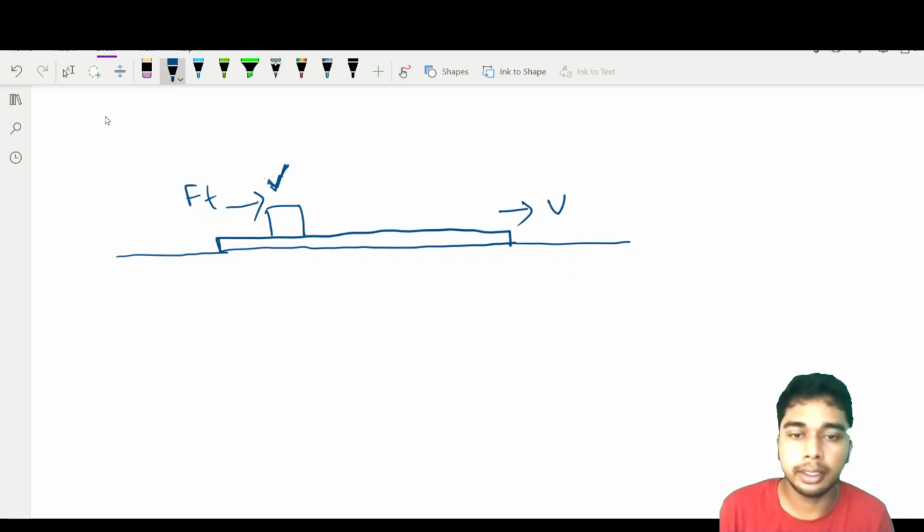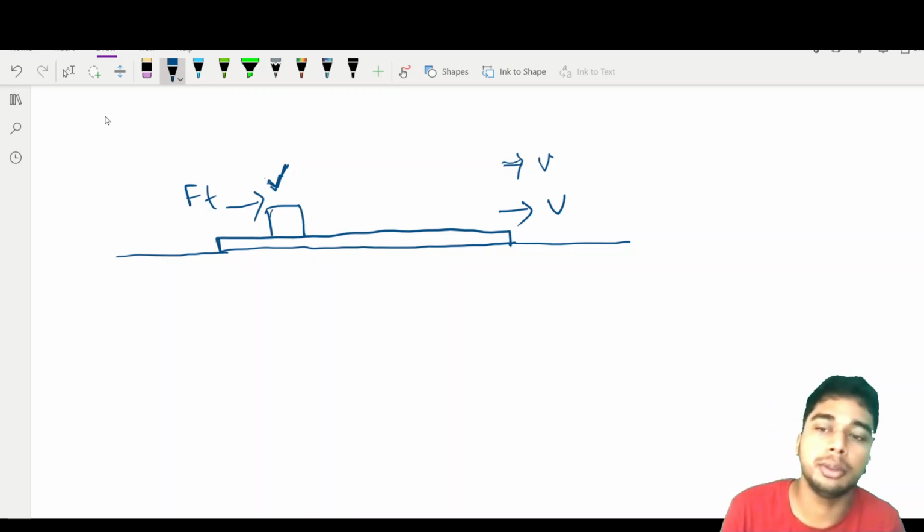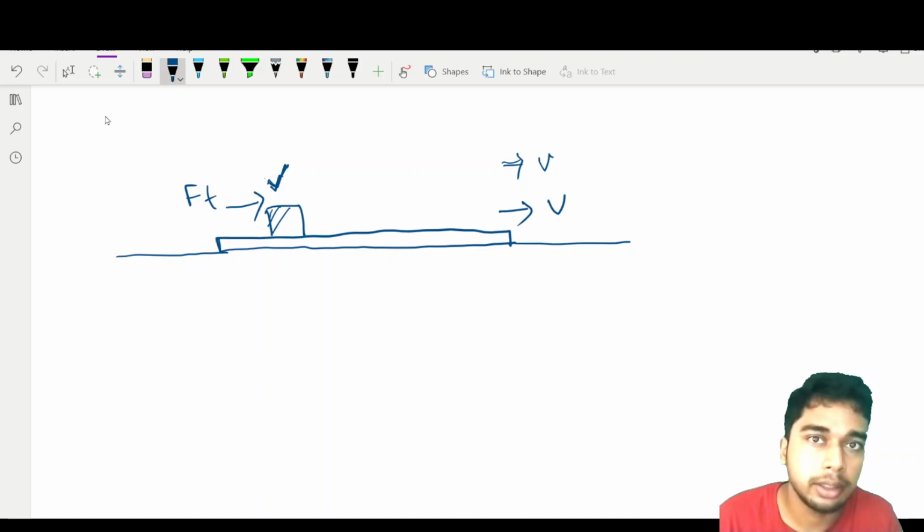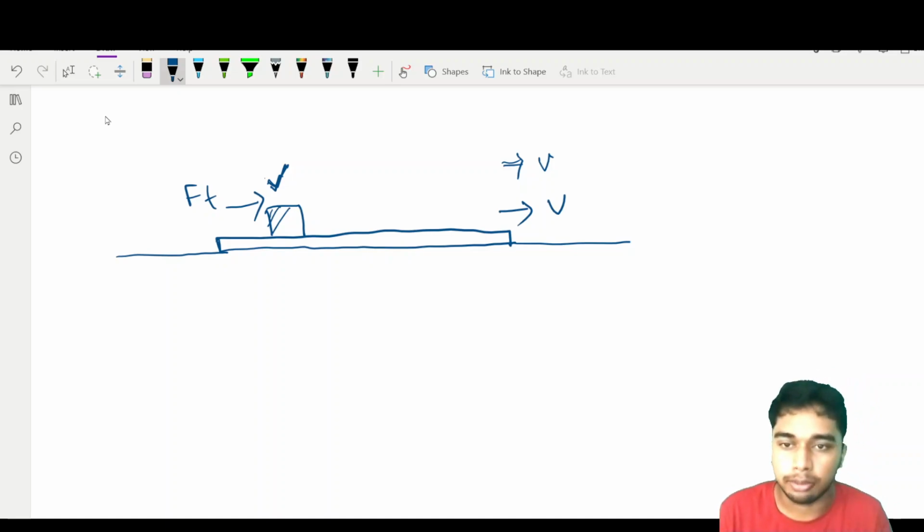So, we have considered that the plank is moving to the right with velocity v, and initially, from the physical point of view, the block will be moving along with this, but this happens because there is a contact force. I already have discussed there are two contact forces, one is normal reaction and another one is a frictional force.